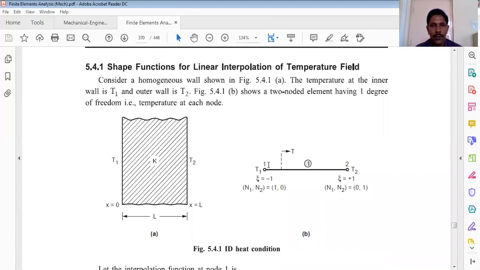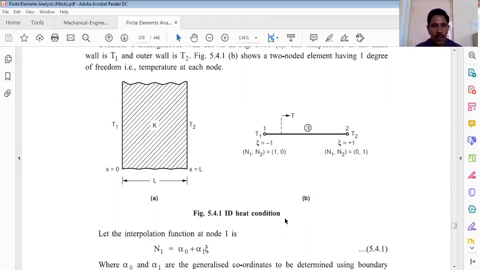So at x equal to 0, it is node number 1. At x equal to L, it is node number 2. So the length of the member is L, and the value of zeta in the natural coordinate varies from -1 to +1. And here the intention is to find the temperature, whereas in a structural problem, the main requirement is to find the displacement.